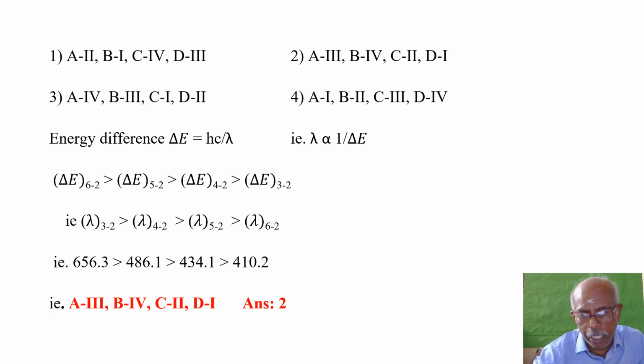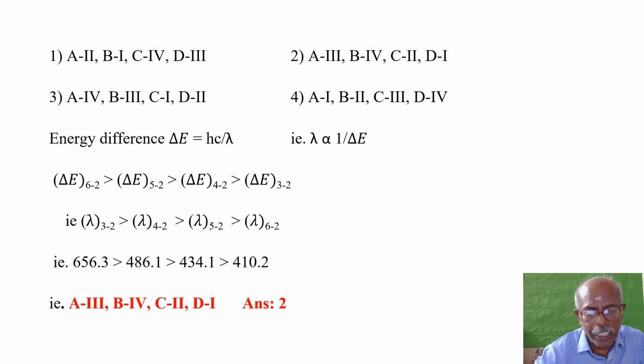If you bring lambda to that side and delta E to this side, you will get lambda equals hc by delta E. It means lambda is inversely proportional to delta E, the transition energy, the change in energy.